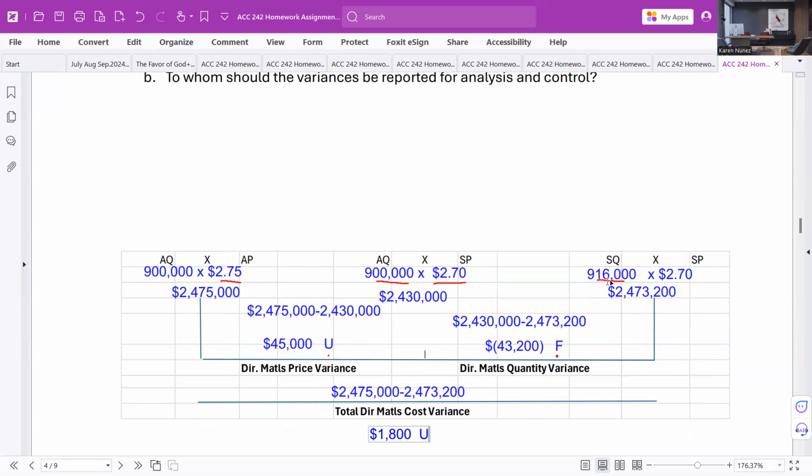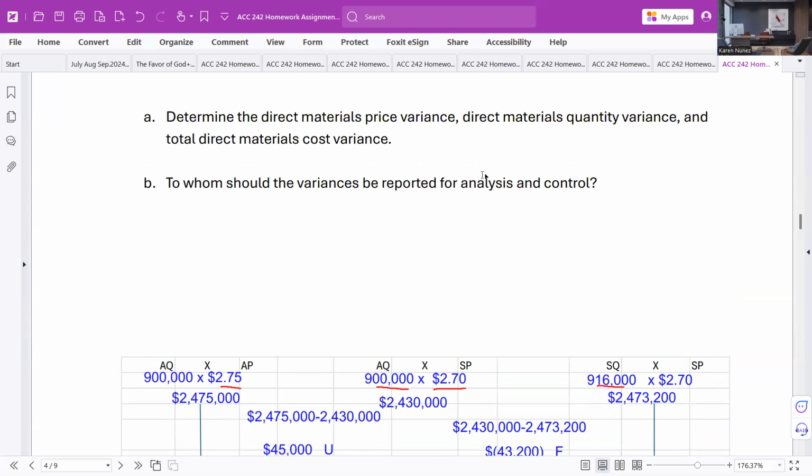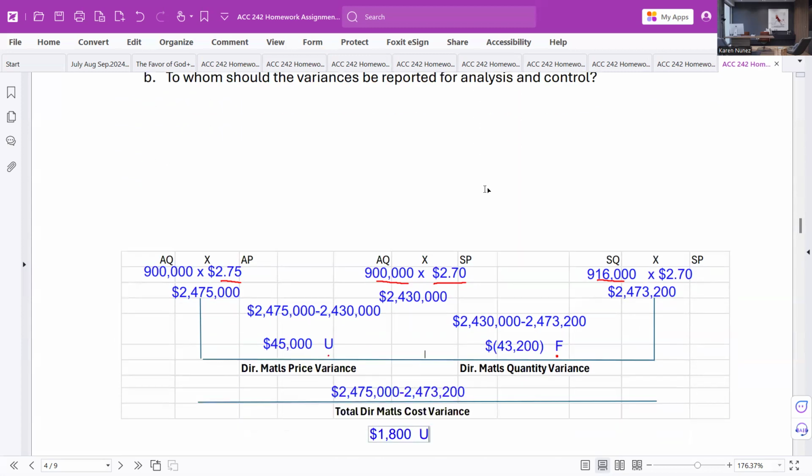So we are asked to calculate the variances. That's what we did. That's part A. We've calculated the 3 variances. And then who should these variances be reported to for analysis and controls? Well, if these variances are material or significant, the purchasing department should be responsible for price variances.